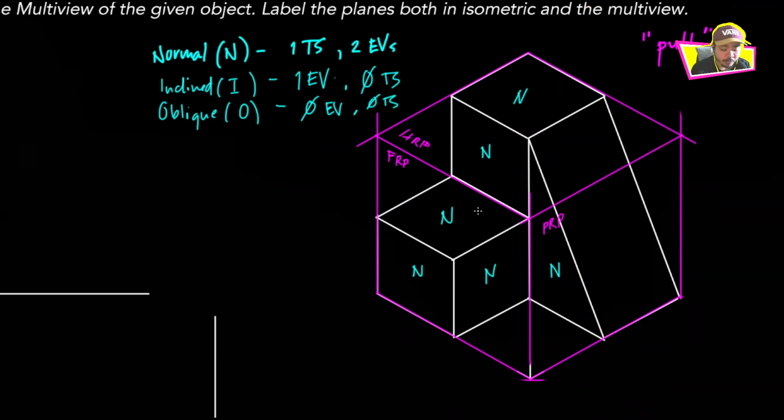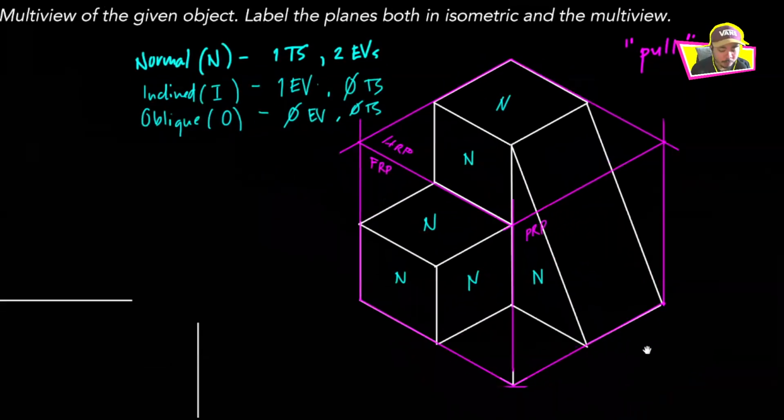Obliques are perhaps the hardest planes to draw because there is no readily available reference point, so you cannot establish it right from the get-go.